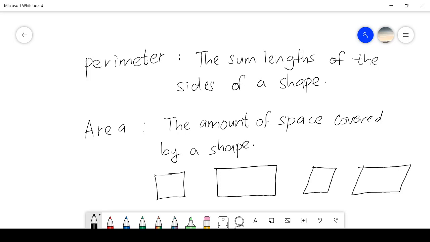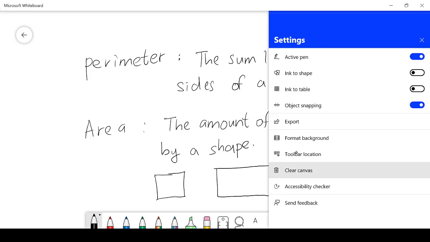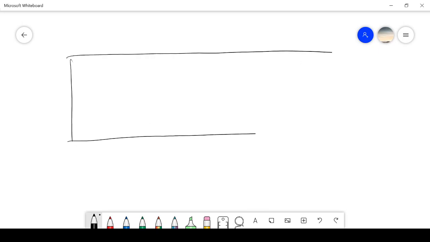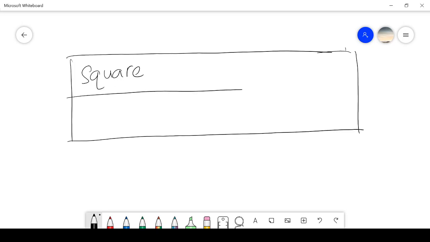Okay, let's simplify the information that we have in a table. So I'll put a square here and a rectangle.